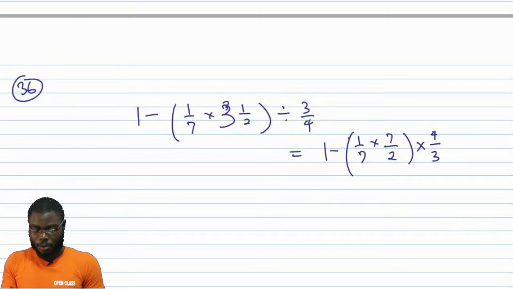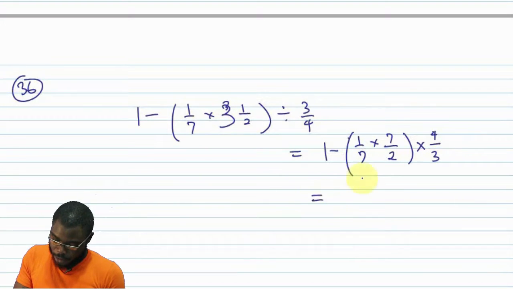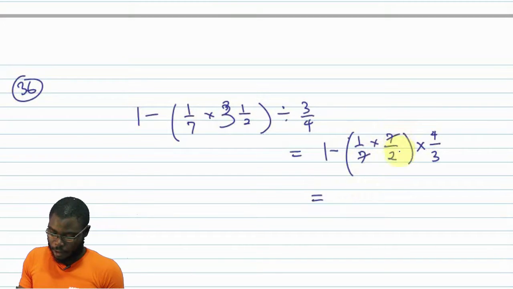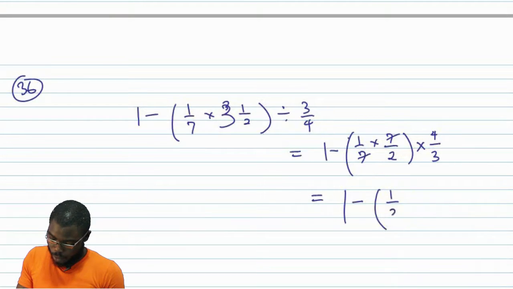Now here, the 7 takes the 7 away. So you have 1 minus 1 over 2 times 4 over 3. This 2 goes into the 4 two times.